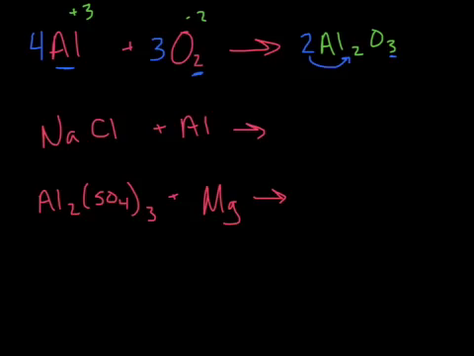We've got a single replacement reaction with 2 cations. So we have sodium chloride reacts with aluminum to produce sodium and aluminum chloride. Well, now we have 1 sodium, 1 sodium.